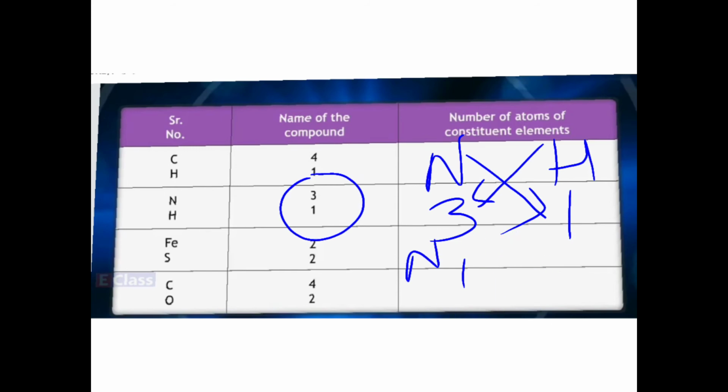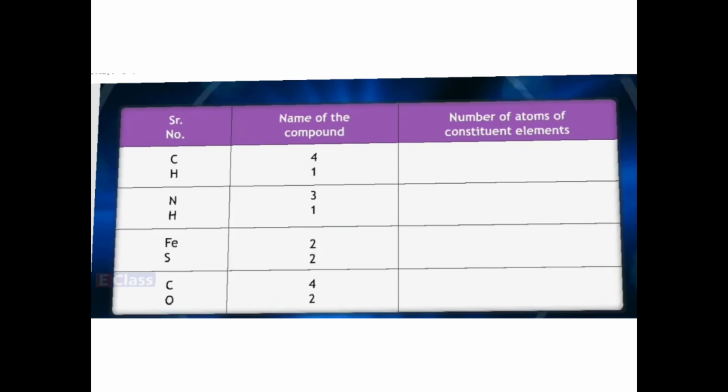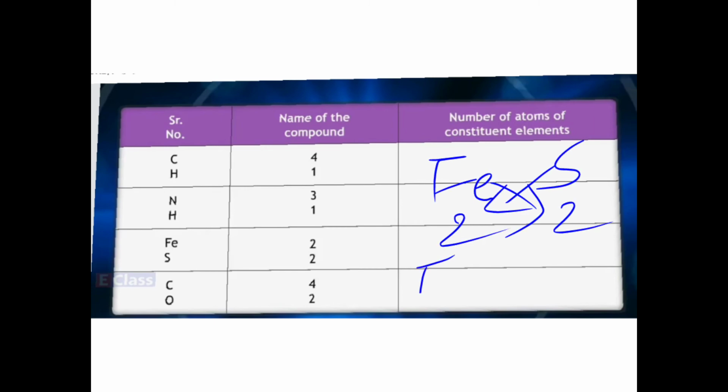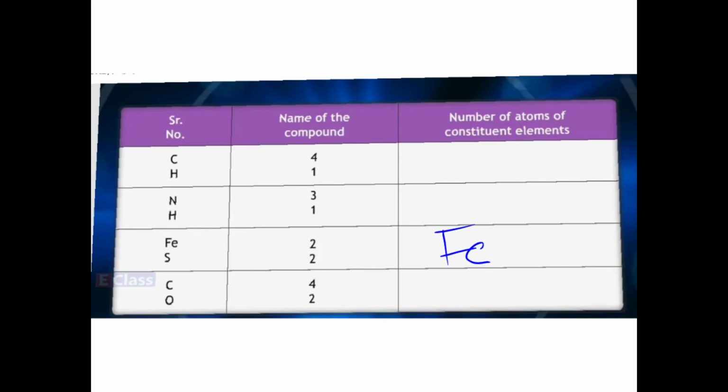Now let us go towards the next one. You have Fe and S. Valency of Fe is 2, valency of S is 2. Cross multiply, you will have Fe2S2, both are 2 and 2. We can write in a reduced form 1 to 1. So it is Fe1S1, but we don't write 1.